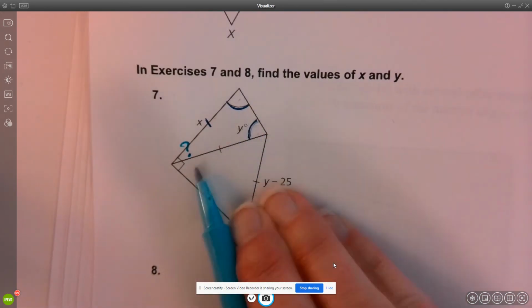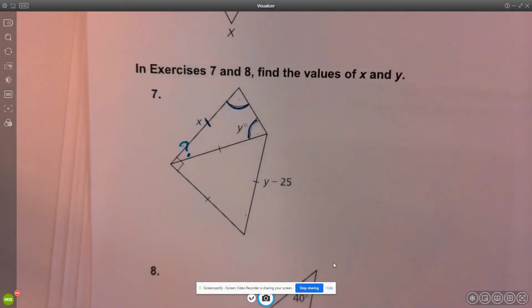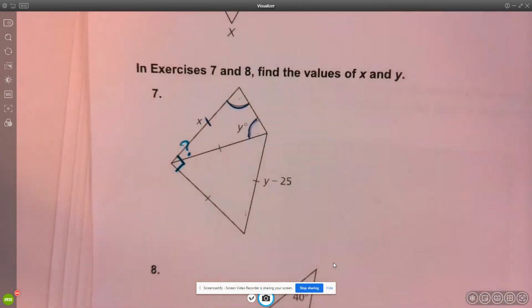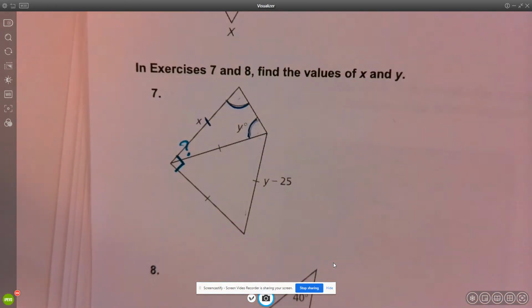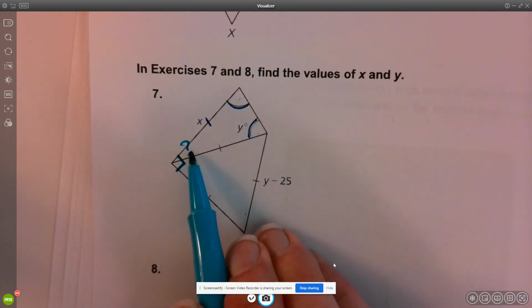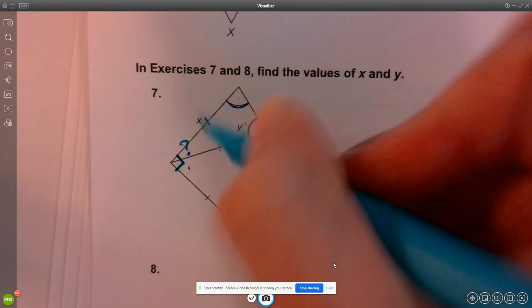So I'm looking at my picture and wondering, do I have any information that might help me? They tell me this is a right angle. That's probably important. So this angle is 90 degrees. I'm not sure what this angle is. I wonder if we can find this smaller angle.